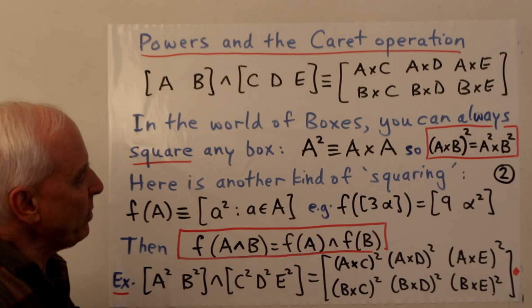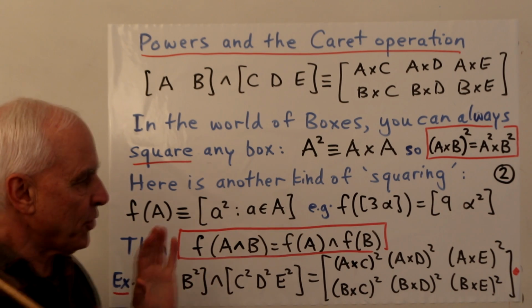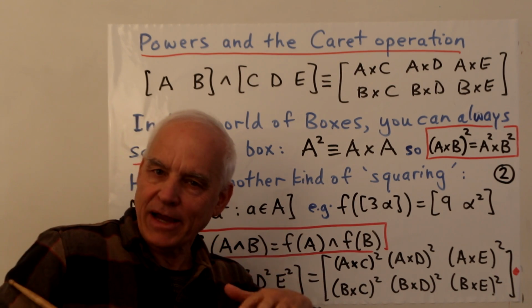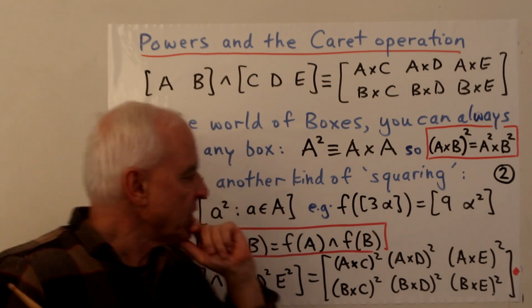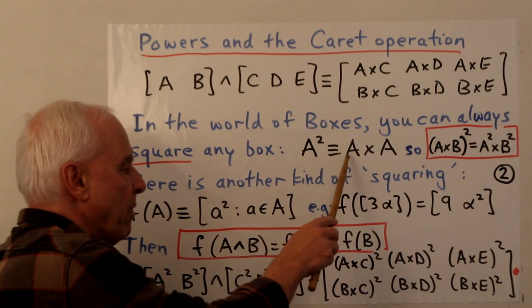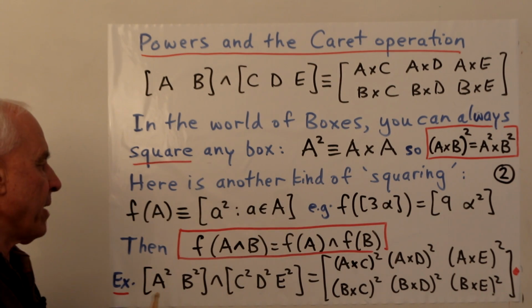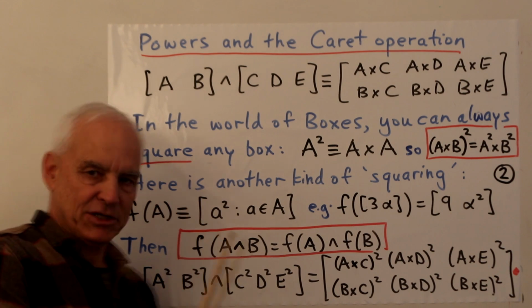So when we're talking about squares of elements, in the box world there's various levels at which we can apply an operation like that. So instead of just squaring a box, we could also do something one level down, by which I mean square the elements of a box.